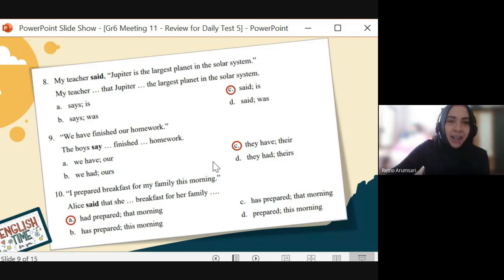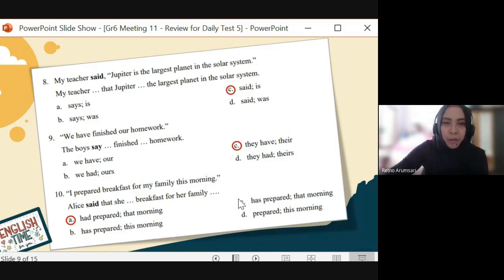It's A. Remember, I said earlier, after you answered number 10, that has and have are never used in reporting sentences in the past. So B and C must be eliminated, right?